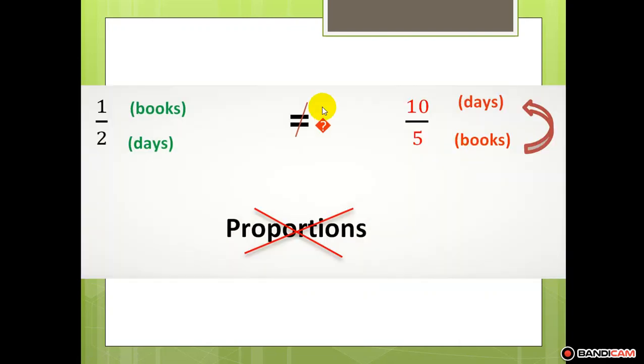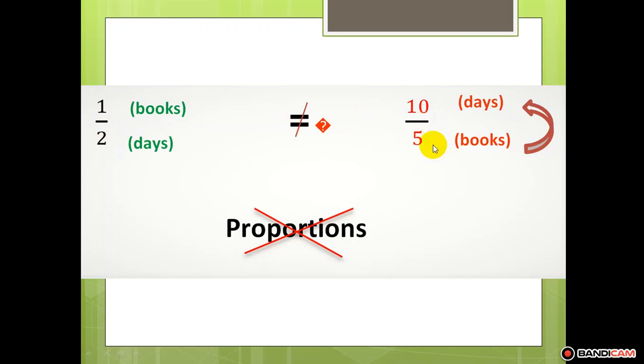Let's take another example. If we switch the second fraction, the number of days by the number of books, then we can see that this ratio and this ratio are not the same in value. Here 1 by 2 and here 2, not the same in value.